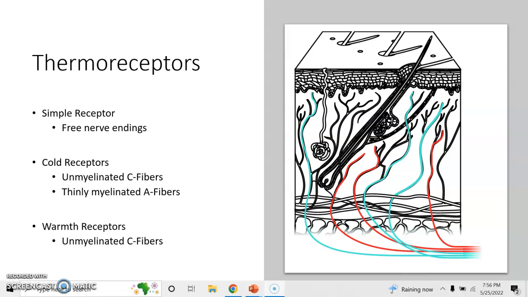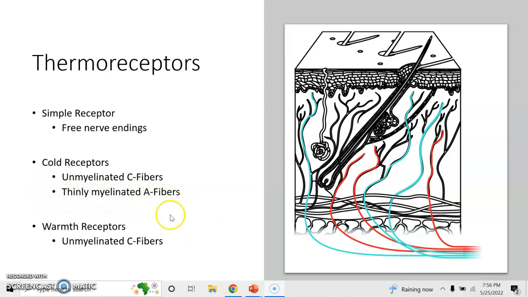And what this picture shows is that the warmth receptors are typically deeper in the skin than the cold receptors. But cold receptors are made up of unmyelinated C fibers and thinly myelinated A fibers.